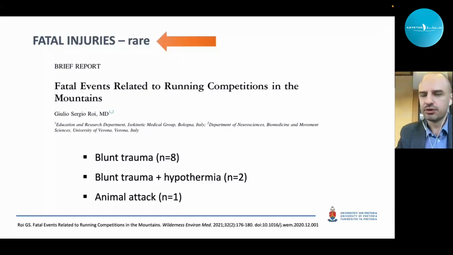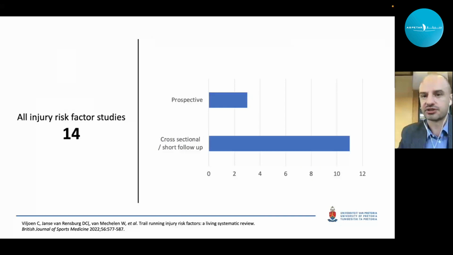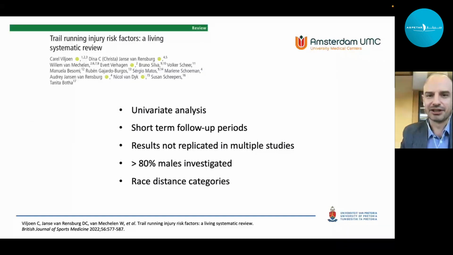If you look a bit more into the risk factors, I'm going to tap into this living systematic review. At this stage, we have 14 studies reporting on risk factors. Only 3 of these studies followed participants prospectively, where we can account a bit more for the temporality of risk. Further, the rest are all cross-sectional studies. I want to highlight the limitations further.